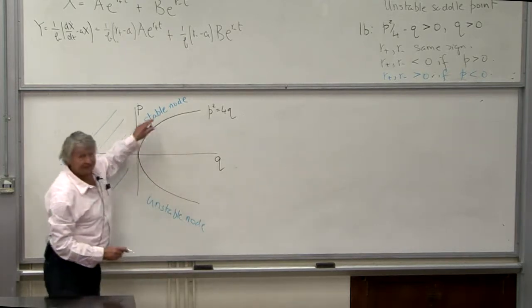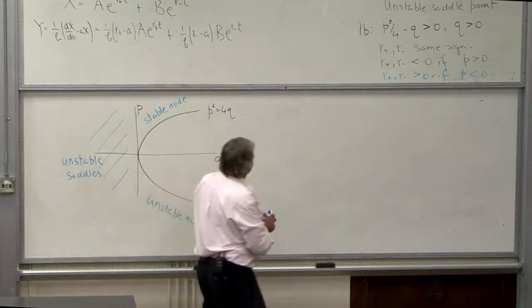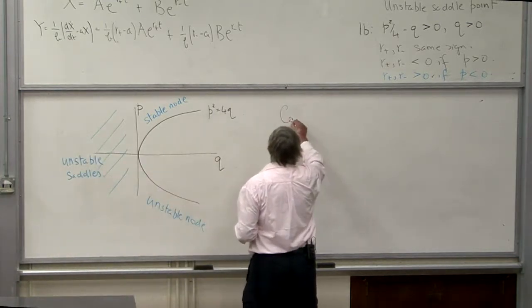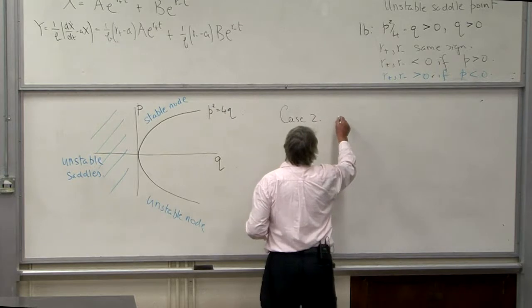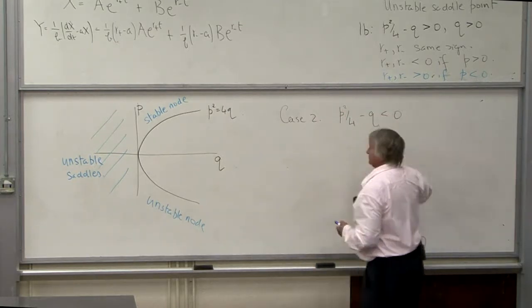This is acting like a very strong friction, if you like, in the example of the puck sliding in the hill. This would be like an amplifier. Maybe you'd have some lasing amplification going on. Now the next category, case 2, would be where p squared over 4 minus q is less than 0.